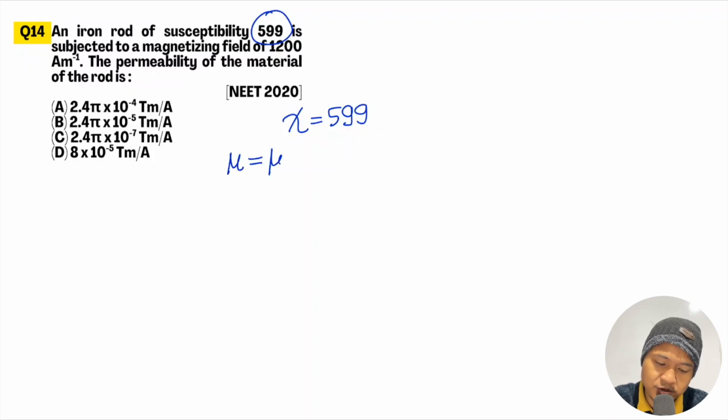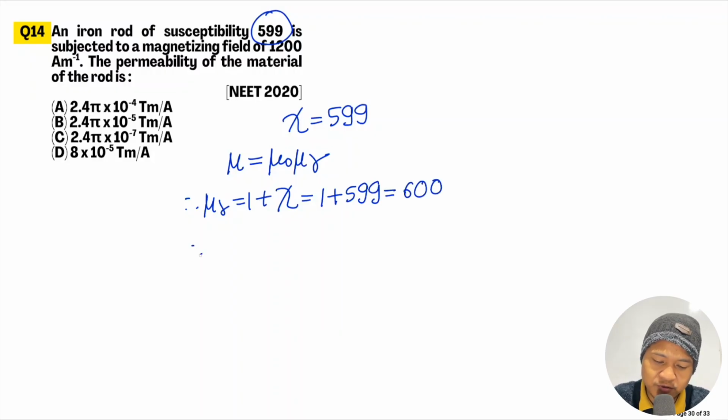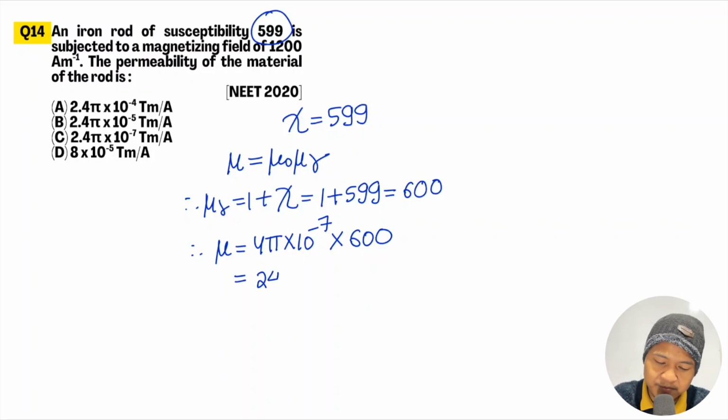Mu is basically mu naught into mu R. Mu R is 1 plus psi, which means 1 plus 599 is 600. Therefore mu is mu naught, 4 pi into 10 power minus 7, into mu R, 600. So 6 fours are 24, 100 pi into 10 power minus 7.